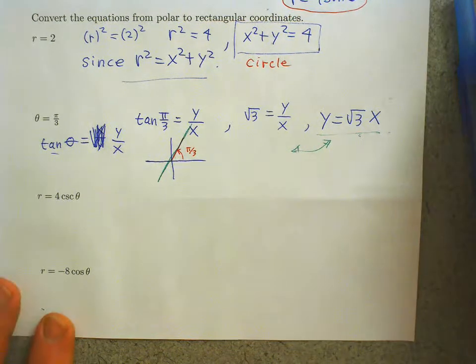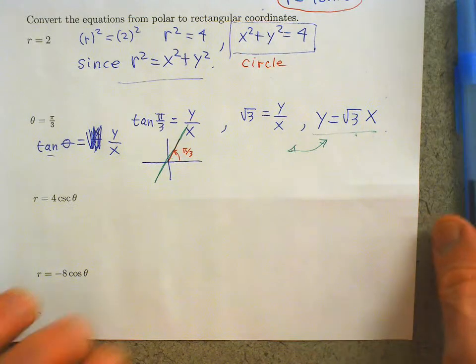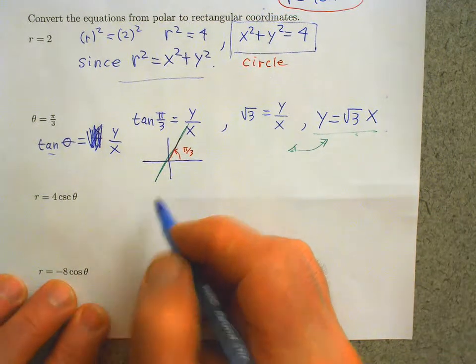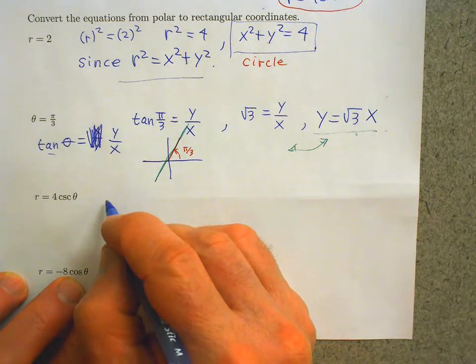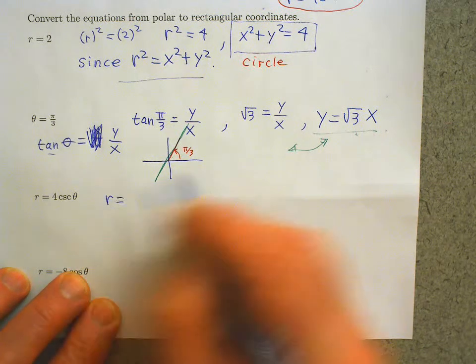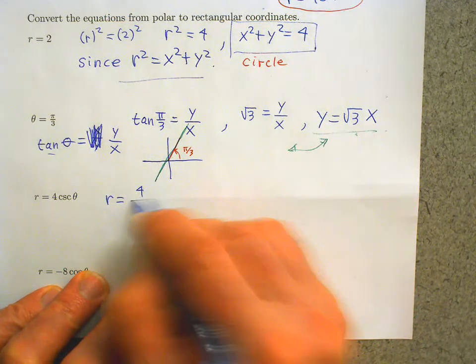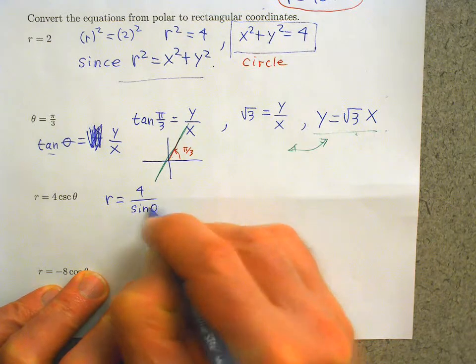Okay, the next one, r equals 4 times cosecant of theta. So cosecant of theta is 1 over sine of theta. So we can rewrite this as r equals 4 over sine of theta.